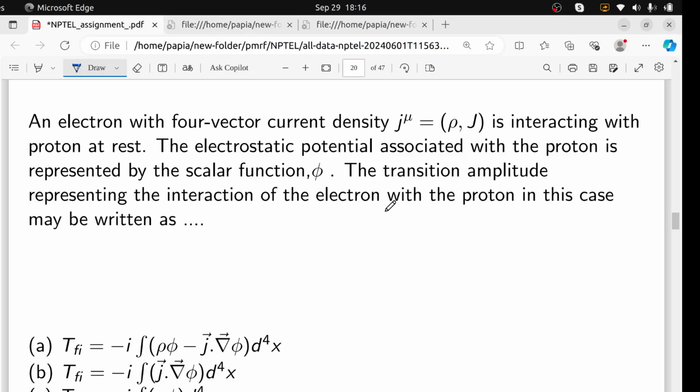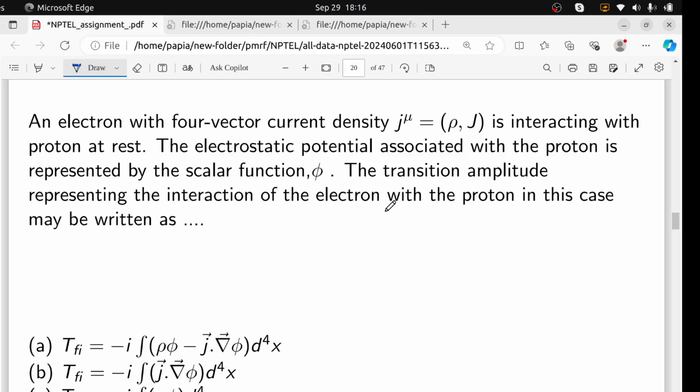So in the Professor's lecture, you have seen the expression for T_FI, the transition amplitude representing the interaction of the electron with the proton, which is basically a function of J mu and then A mu.